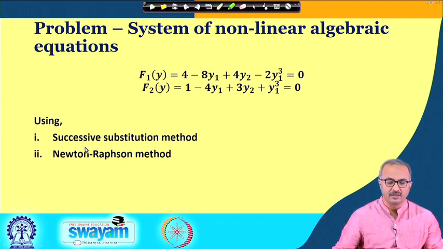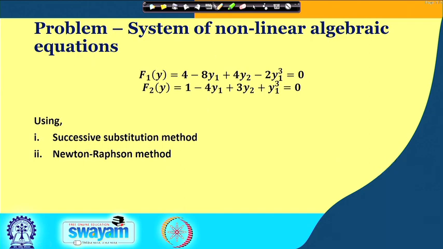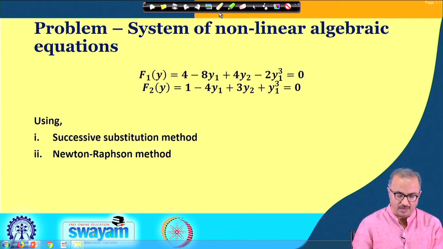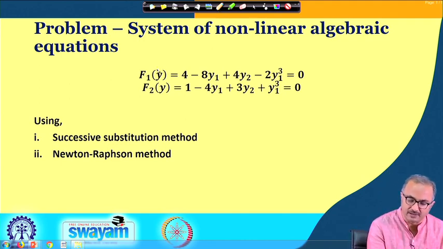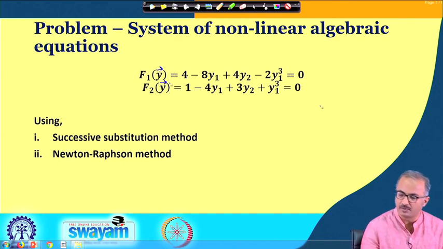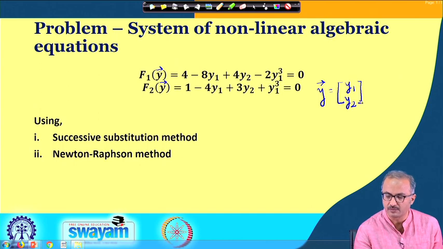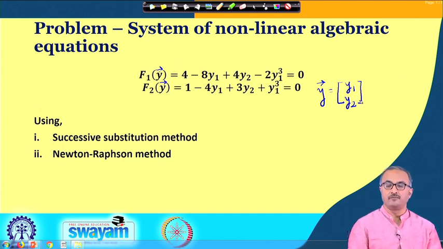So, here we have these two methods to be used, and here we have shown these two, f1 and f2, and these two y should be vectors. Okay, they are vectors, because this y vector is nothing but the vector of y1 and y2. So, this is basically vectors.